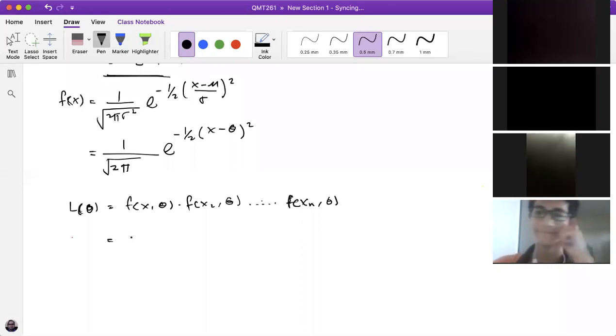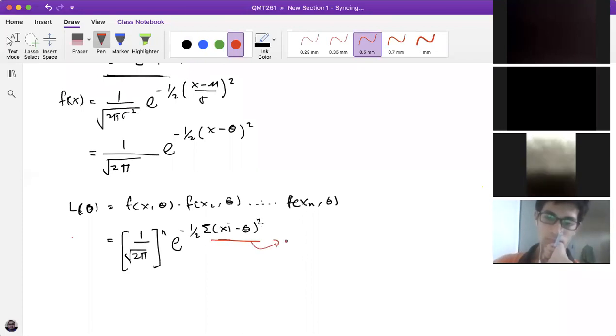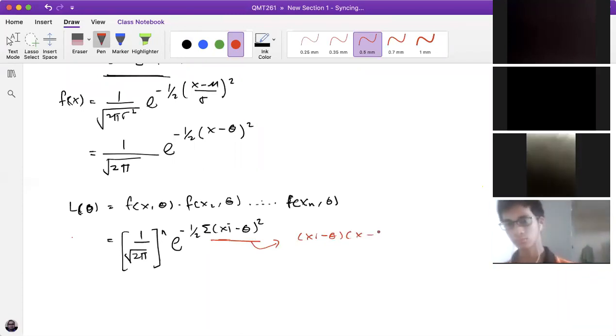Right? So it becomes 1 over the square root of 2 pi, to the power of n, exponential negative 1 over 2, and then this one is going to be the summation of xi minus theta, squared. If we expand this function, it becomes x minus theta times x minus theta.